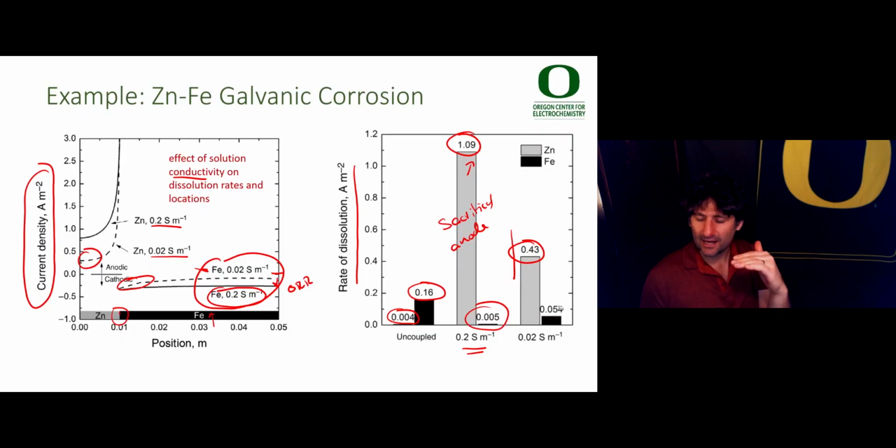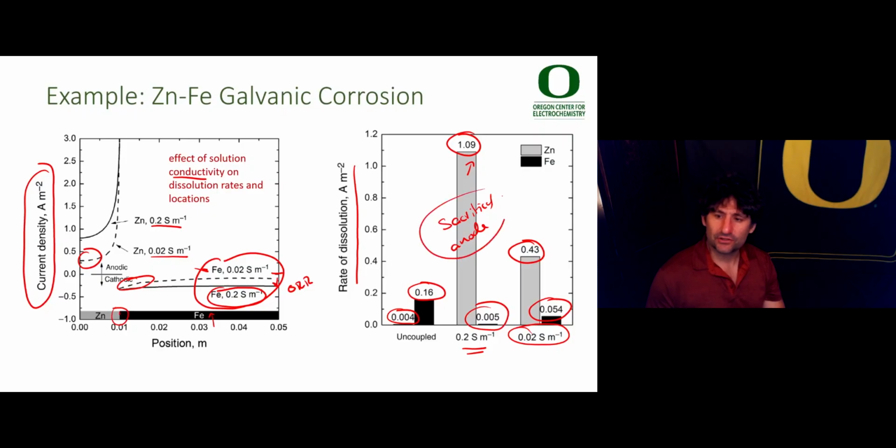That means that the iron oxidation reaction is non-zero at that more anodic, more positive corrosion potential in the lower conductivity electrolyte. So this tells you that sacrificial anodes work best in high conductivity electrolyte, where you can keep the corrosion potential very, very negative, where the less active metal doesn't corrode at all.